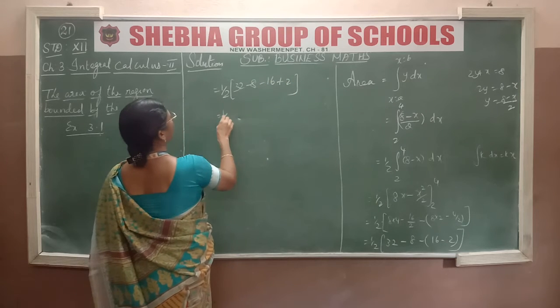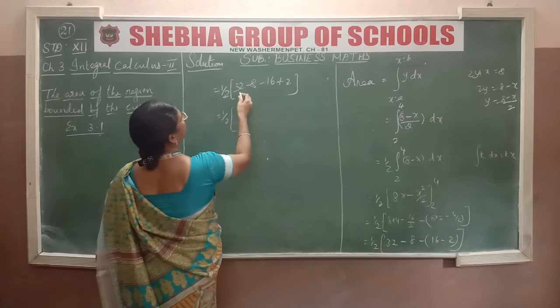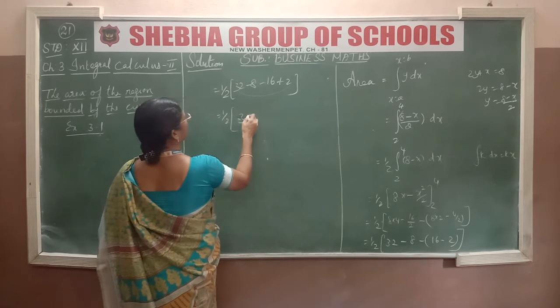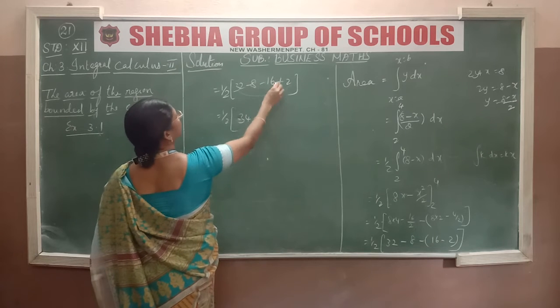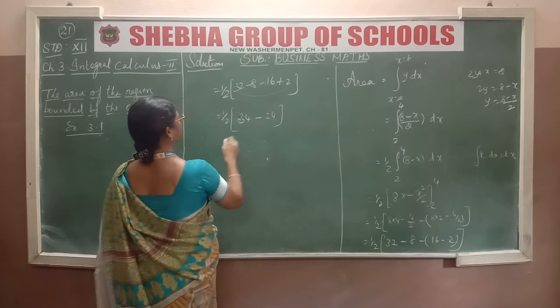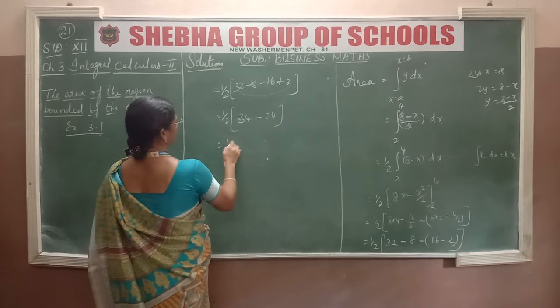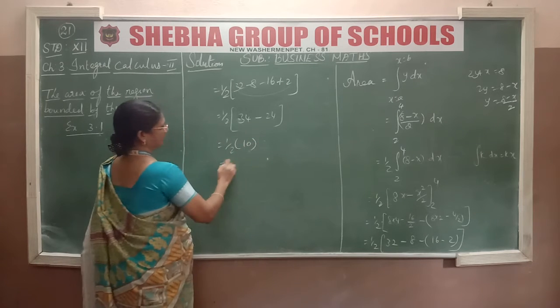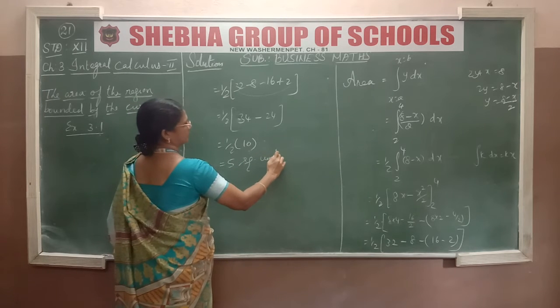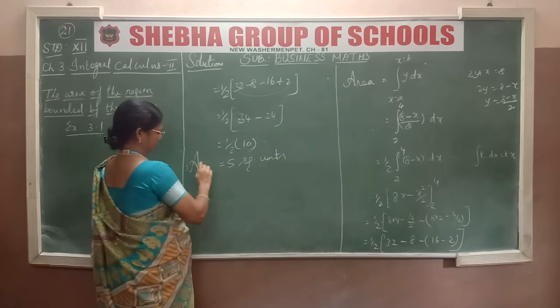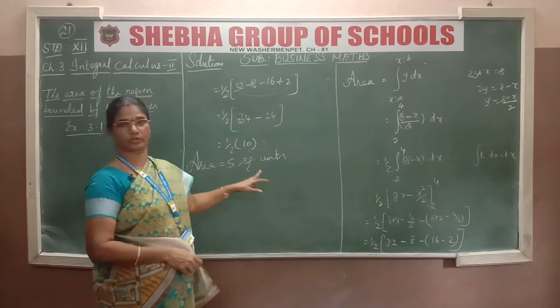It is equal to half into, adding the positive numbers and adding the negative numbers, 24. So we get 10. Divide by 2, we get 5 square units. Therefore the required area is what? 5 square units. Understood?